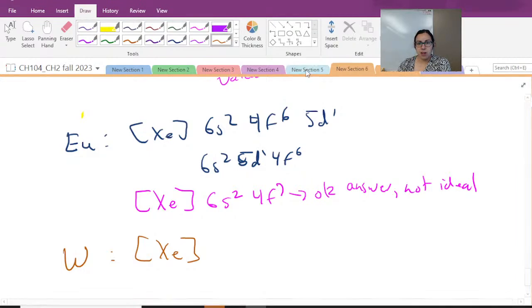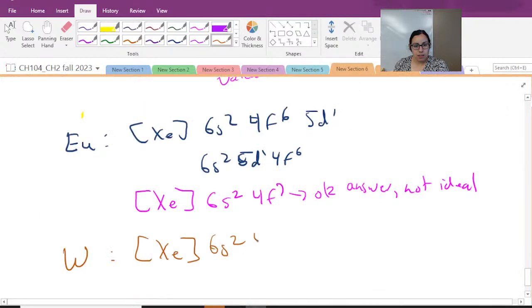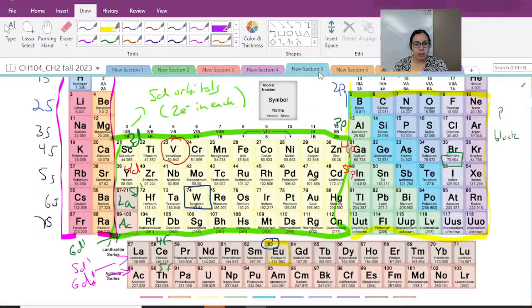So 6s2, right? So just starting from xenon, so 6s2. So again, put these labels. And then what happens after 6s2? So 4f14. And what's next? 5d4. And then, yeah, 1, 2, 3, 4. So that looks good there.